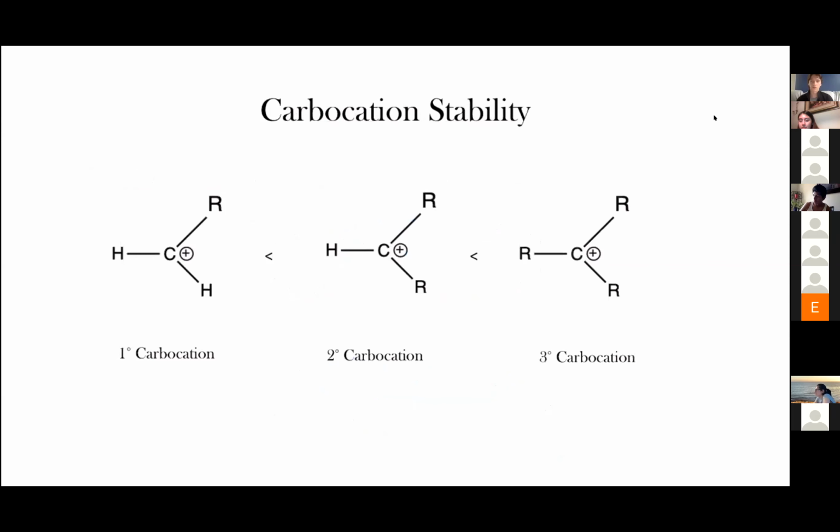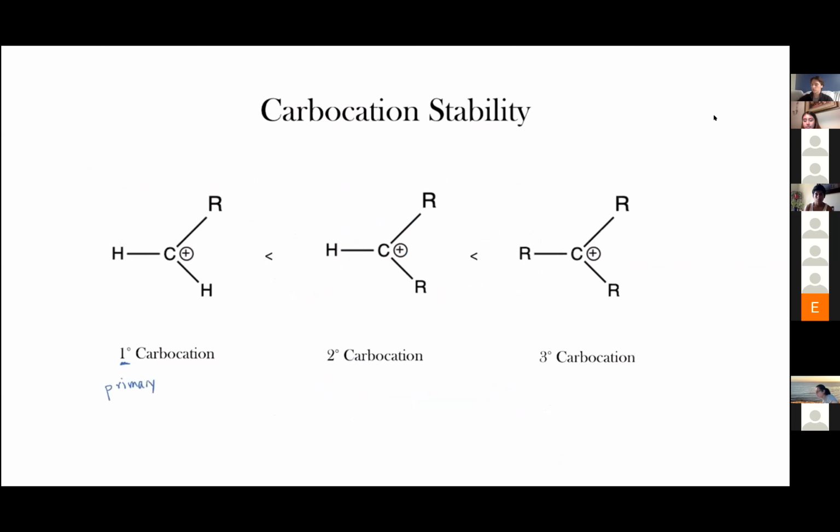Okay. So now we're going to talk a little bit about carbocation stability. And so just to review some terminology before we get into it. Okay. So if we look at this first one on the left, this is called the primary carbocation, or it's often denoted with that first degree, but it's also known as primary.